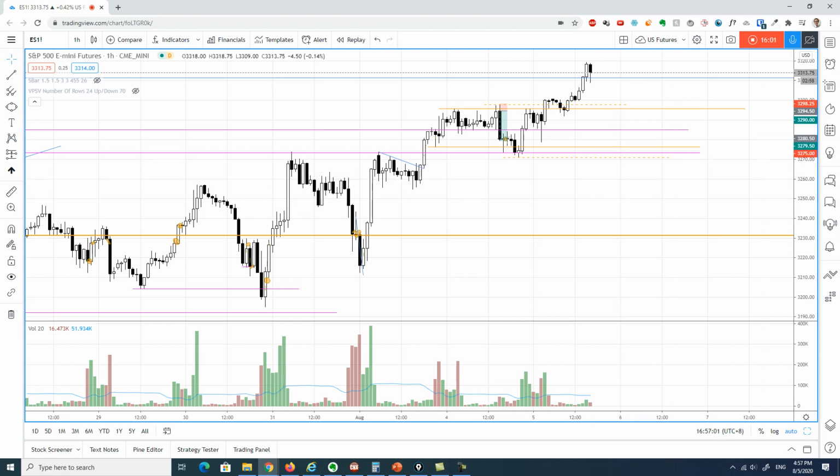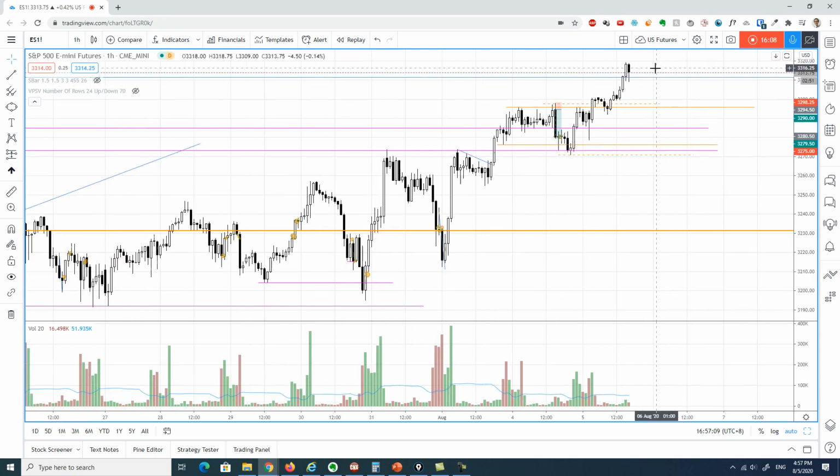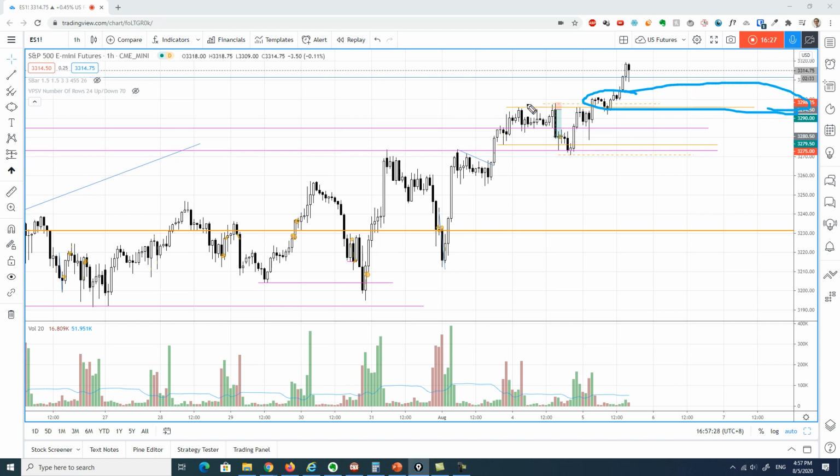So in terms of the immediate resistance, I'm still currently aiming at 3310 to 3340, which was the previous gap area created a few months ago. And in terms of the immediate support level, I'm still watching the round number 3300 level. So that's the immediate support level, 3300.